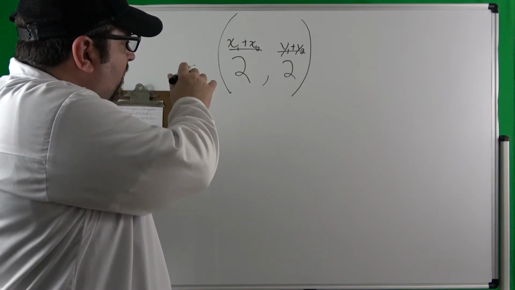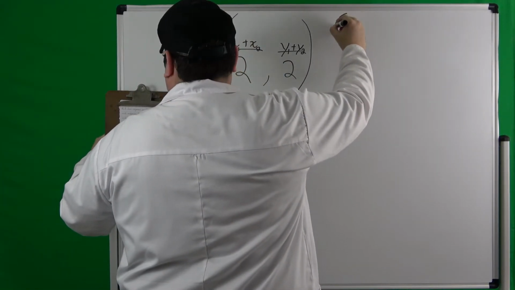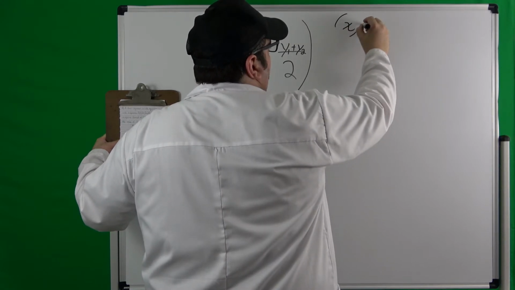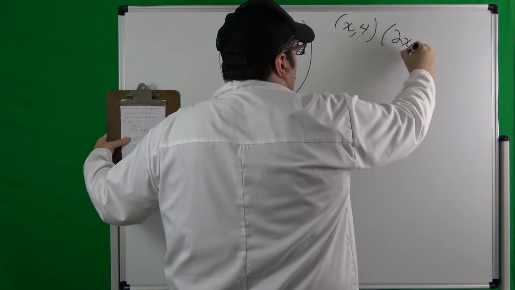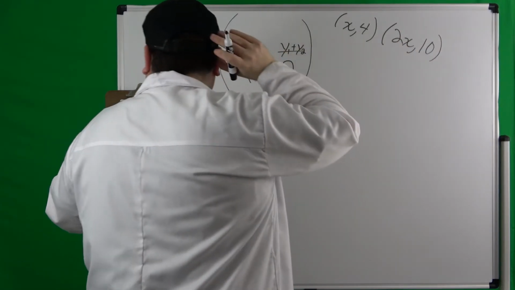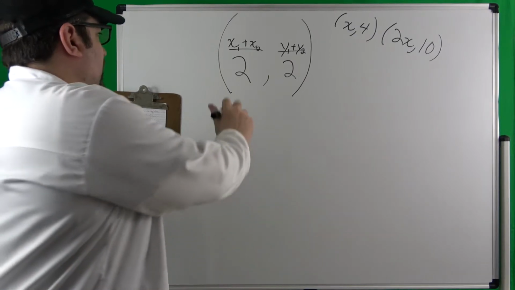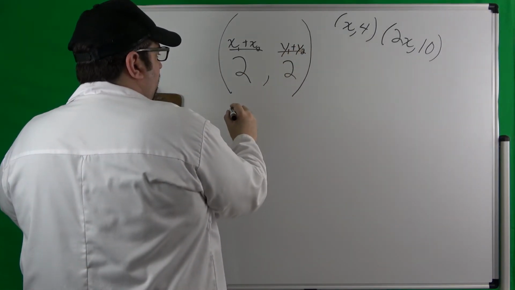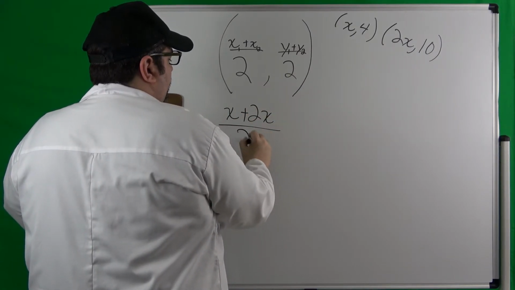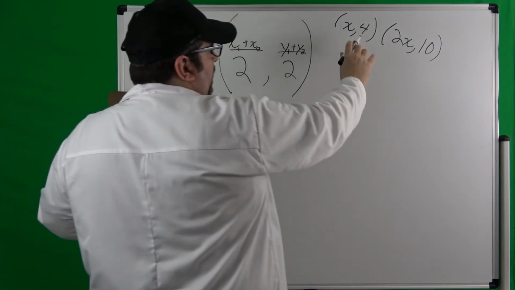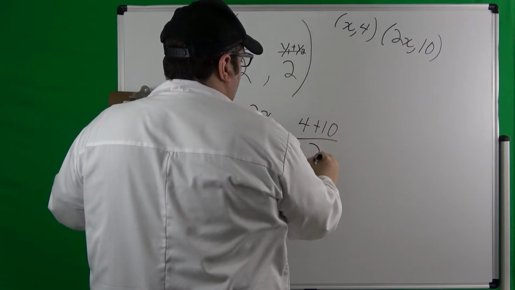So using this formula, we're just going to put in the points they gave us: (x, 4) and (2x, 10). So we're going to do x plus 2x over 2, and then 4 plus 10 over 2.